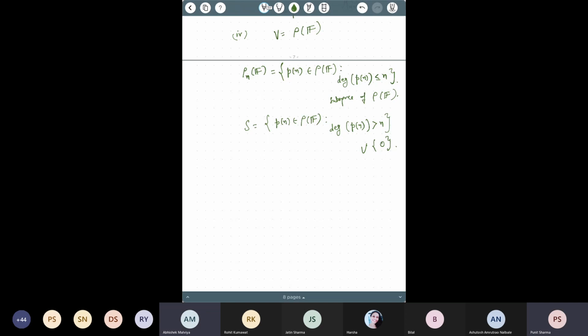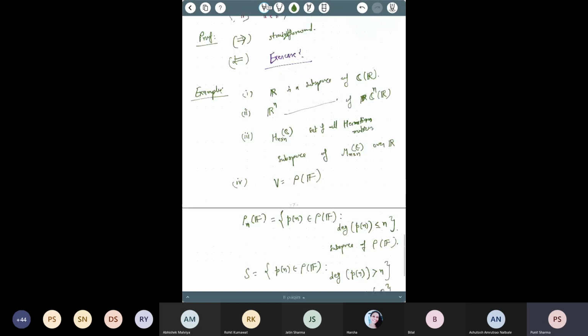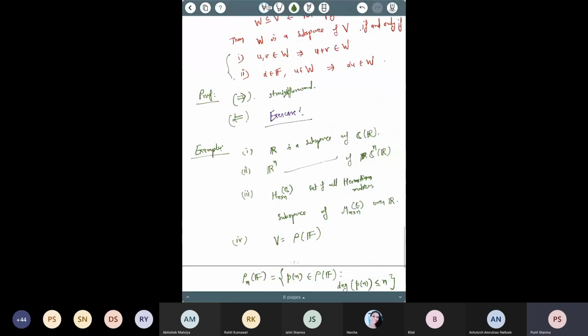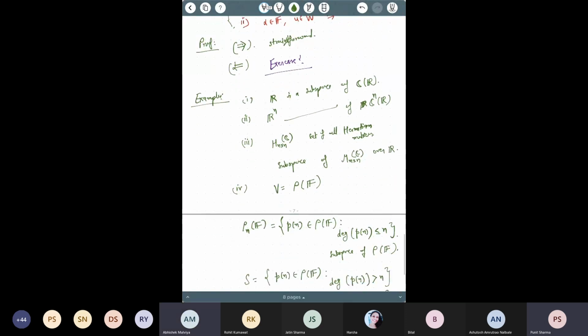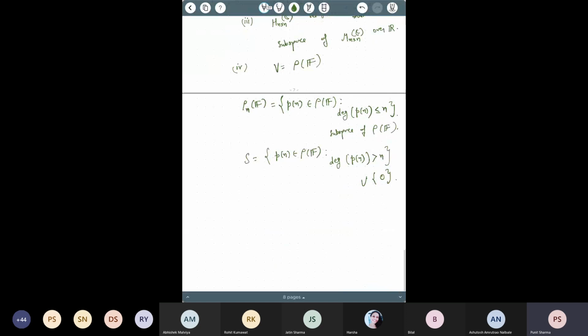How would you prove that this is a subspace? Just check these two conditions, whether they are following or not. Let's take two polynomials, and if their degree is greater than n, then their addition would also be of degree greater than n.